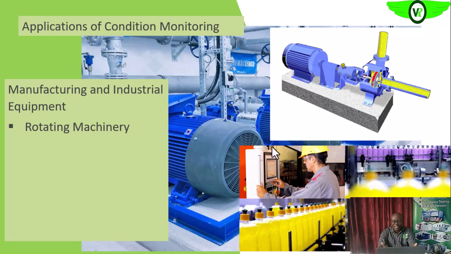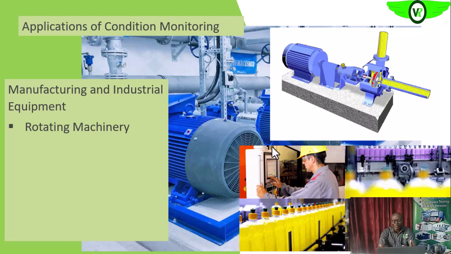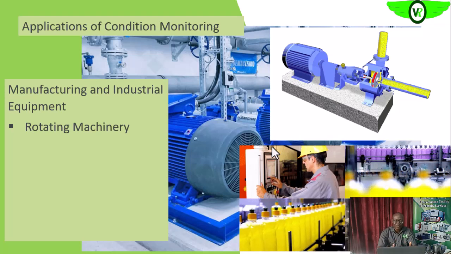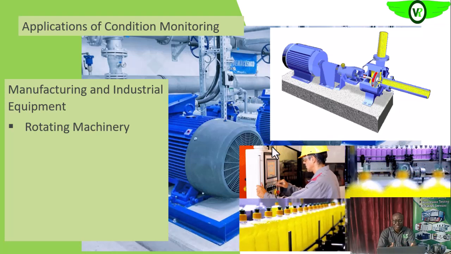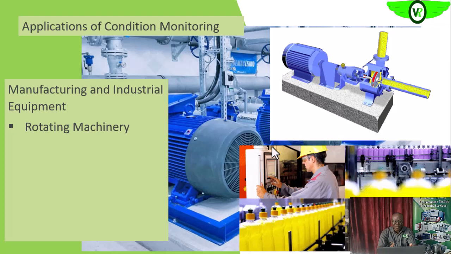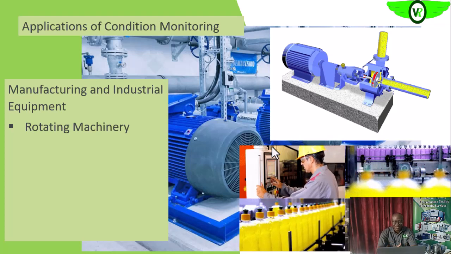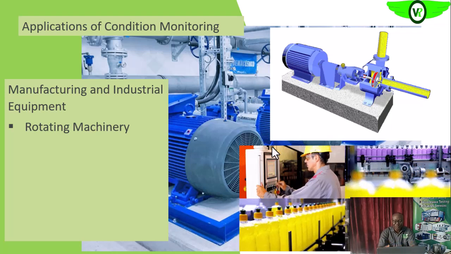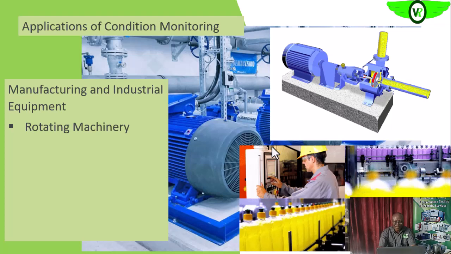If you take pumps, compressors, turbines, for example, you will have a good idea when you deploy technology like vibration on them, even oil analysis, and even infrared thermography. That will help to know the condition of such rotating equipment.